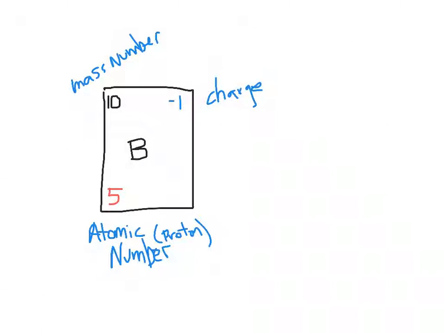Now, one other thing I want to finish with here. If you have to pause the video, you can do that. I want you to get into the simulator, and I want you to build boron, and make sure, of course, you have your 5 protons, because that's what boron has.